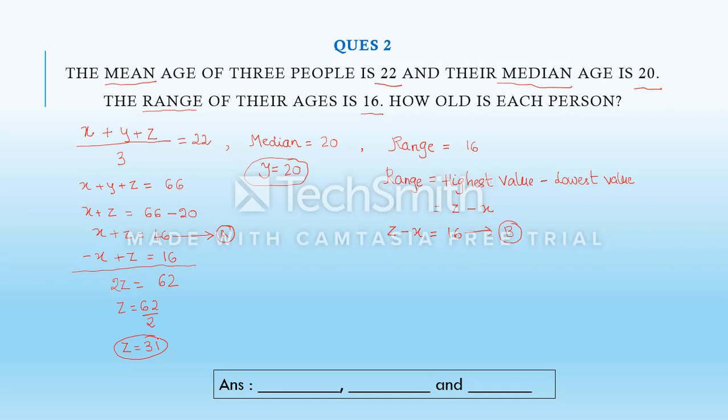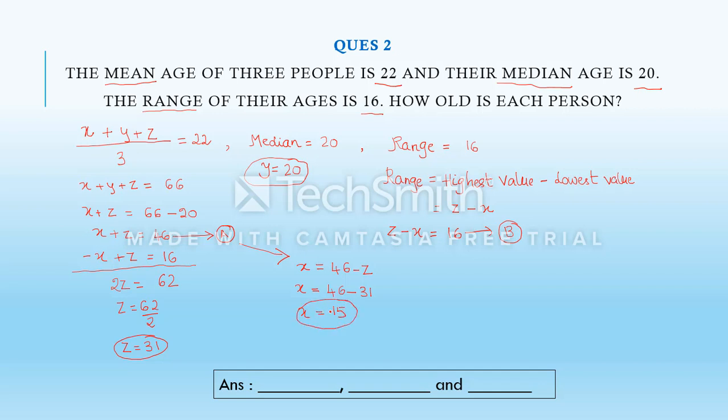Now once I have this value, all I need to do is substitute in any one of these equations in order to get the value of X. So if I substitute in say equation A, I can say X will be the same as 46 minus Z, or in other words, X will be the same as 46 minus 31, which means X will equal 15.